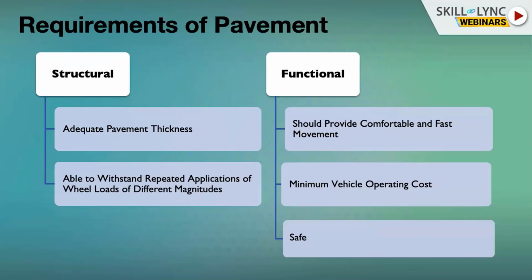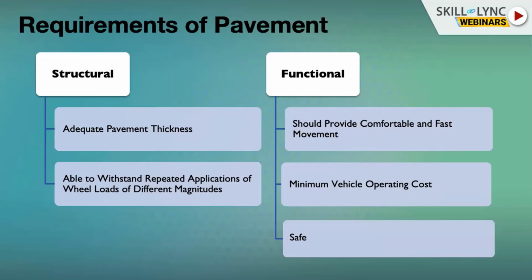It will ultimately affect the fuel consumption, right? So this is how it affects the vehicle operating cost. I believe every one of us wants our vehicle to give more mileage, so that less fuel will be consumed. This is one of the functional requirements.